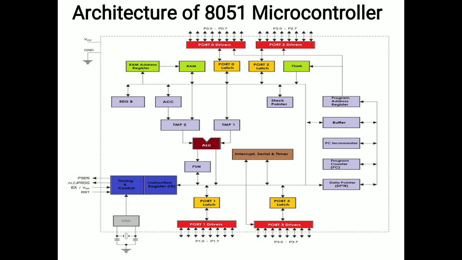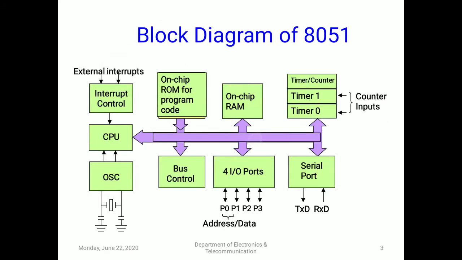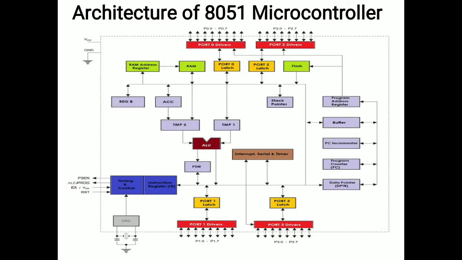So accessing either RAM or ROM. Here ROM is nothing but your flash. RAM is accessed with the help of the RAM address register, and ROM, where here we use the word flash memory, that is nothing but your program memory. Flash memory is also accessed with the help of the program address register.